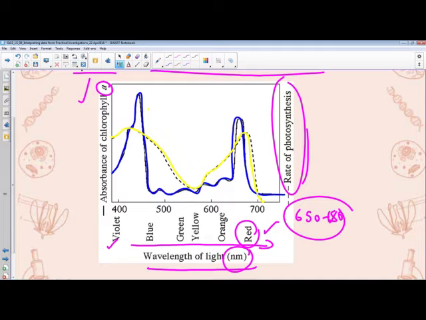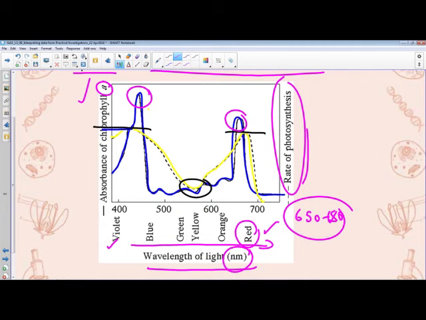And essentially what we're saying is that if you look at this graph, guys, this would be a point at which the rate of photosynthesis is optimum, and here it would be the least. And if we compare the absorption of chlorophyll, the absorption of chlorophyll is the highest at this specific point here and there.